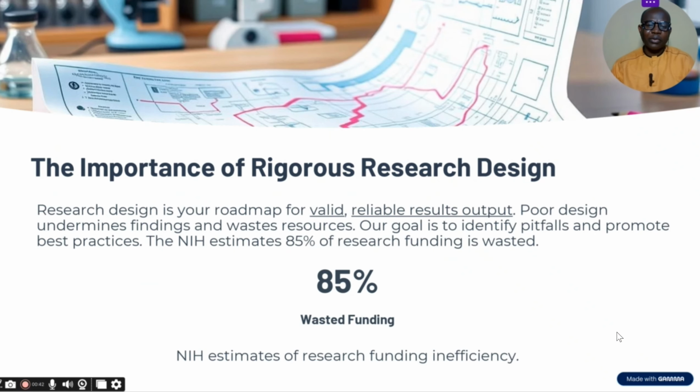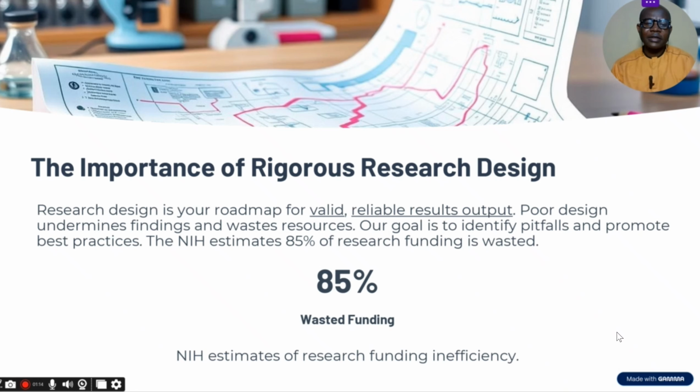So let's look at the importance of a rigorous research design. Research design itself should be viewed as a roadmap for valid and reliable results when we conduct our research. If it is poorly designed, it affects the credibility of our research findings, and of course, it will also result in a lot of waste of resources.